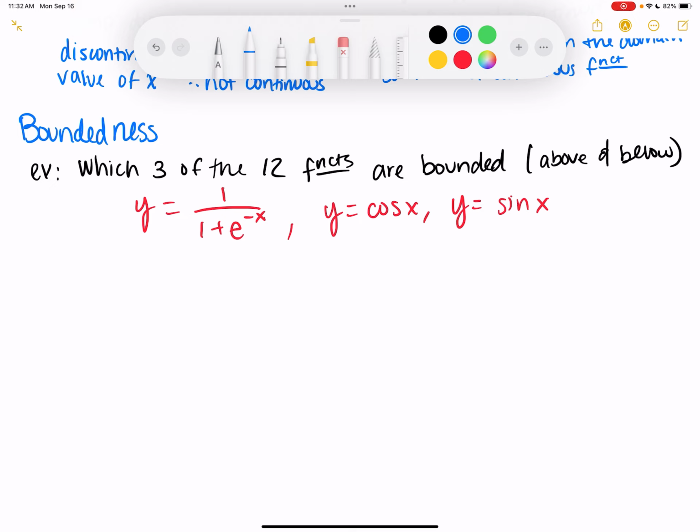All right, the next question is about symmetry. And the question is, which 3 functions are even?